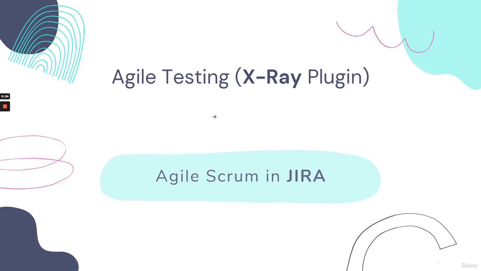There are some very useful and powerful plugins that can be integrated with the JIRA platform, such as the X-Ray plugin that can help manage the software testing lifecycle in a very easy, powerful, and convenient way. In the next section, we will explore the X-Ray plugin for the JIRA Agile platform.